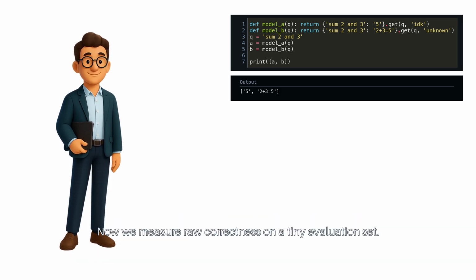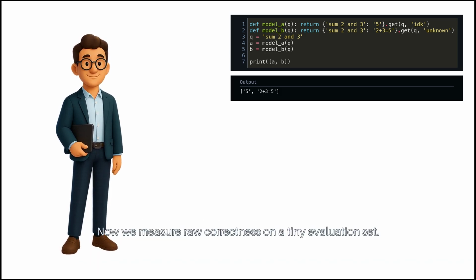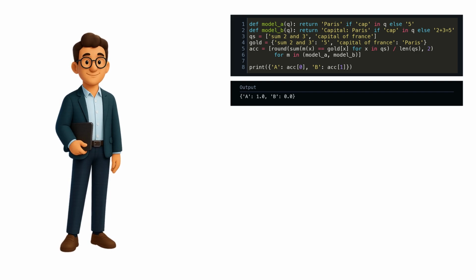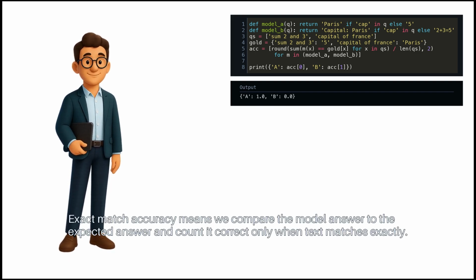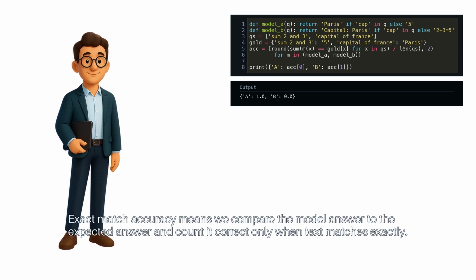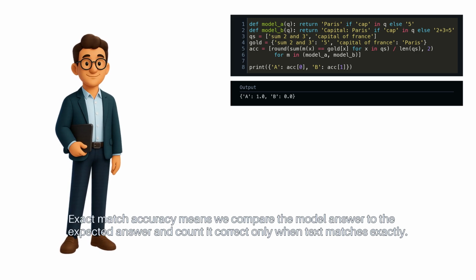Now we measure raw correctness on a tiny evaluation set. This example measures exact match accuracy for both models on two prompts. Exact match accuracy means we compare the model answer to the expected answer and count it correct only when text matches exactly.